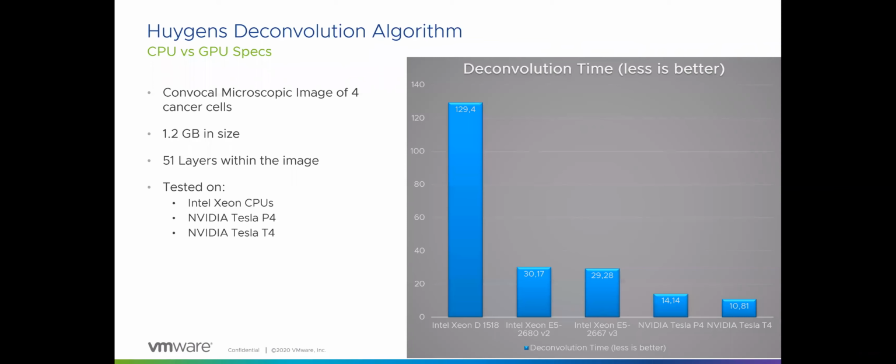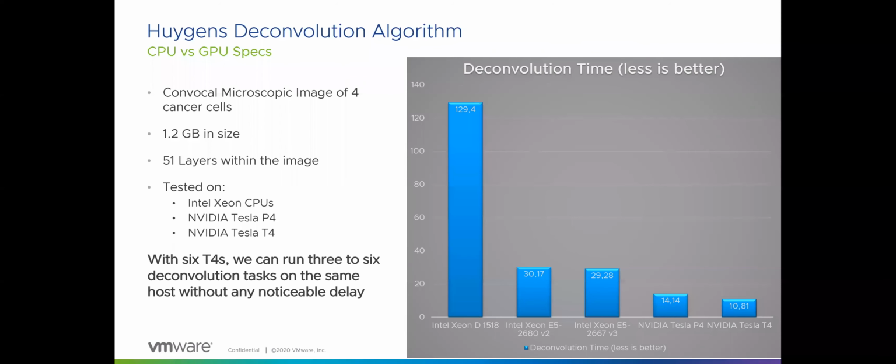The CPU resources were obviously being used, but not in the same way as if we would run the deconvolution process on CPUs only. And if you add multiple of these GPUs to a single host, you can run 3 to 6 of the same deconvolution tasks on a host without any noticeable delay.